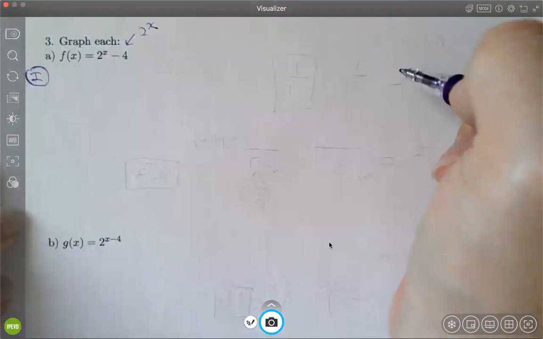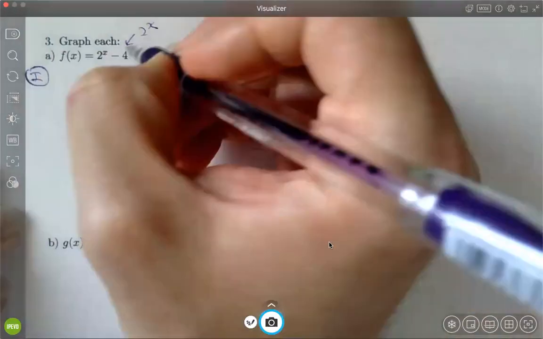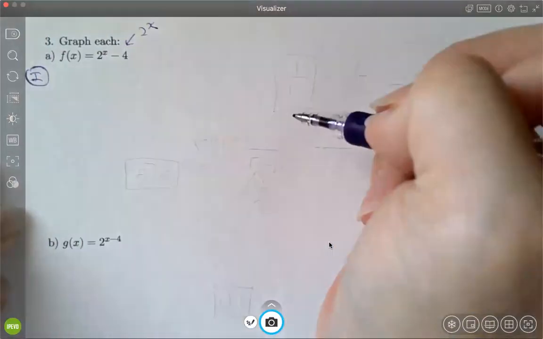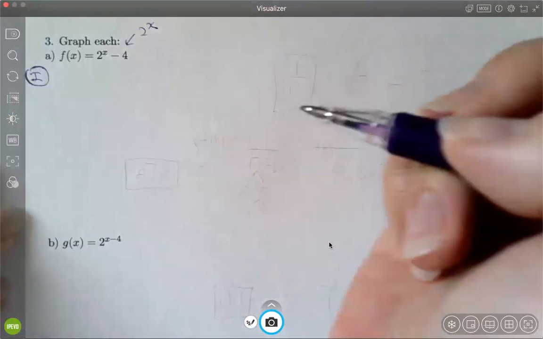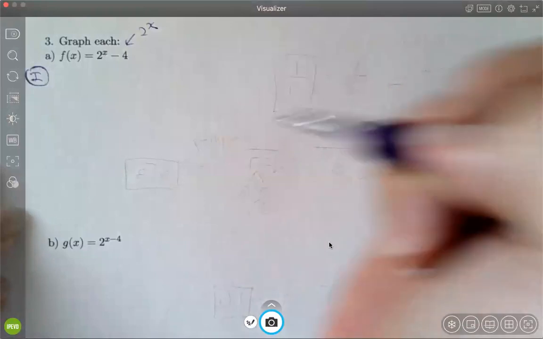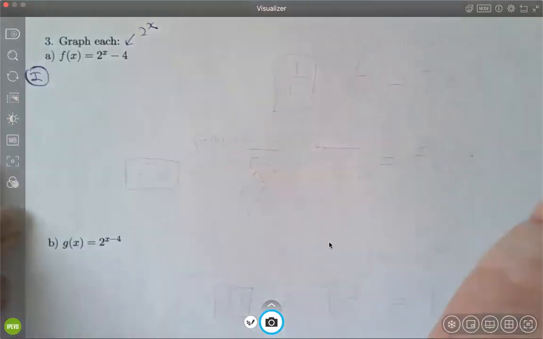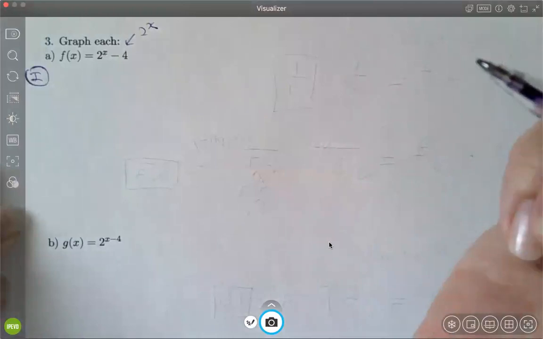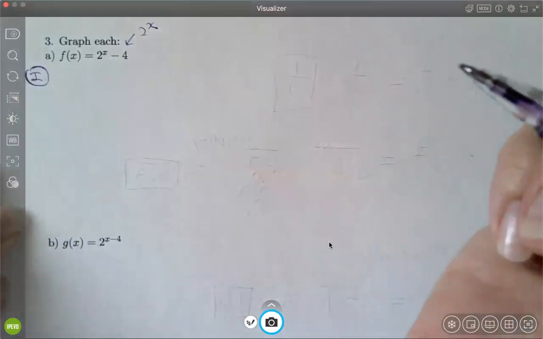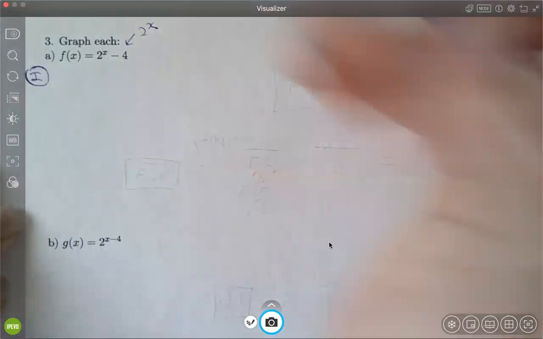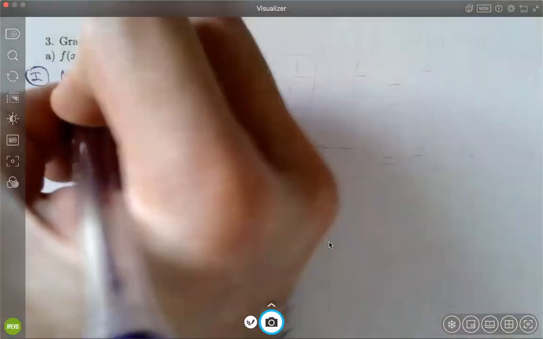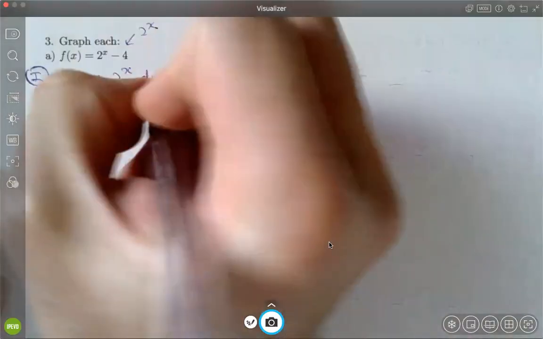So you subtract something in the back, right? Does it remind you of anything in terms of transformation or translation? Goes down 4. Right, go down 4. Remember that? Okay, so this means move 2 to the x down 4.